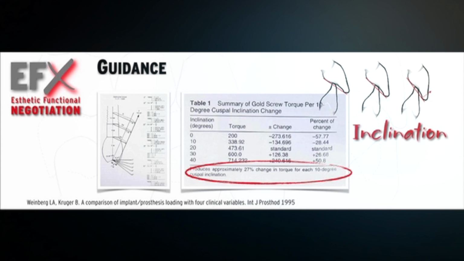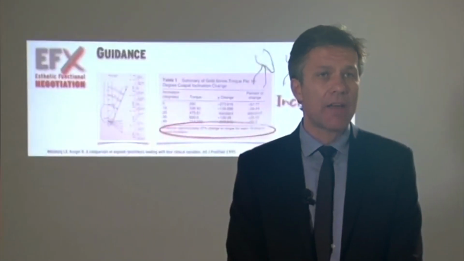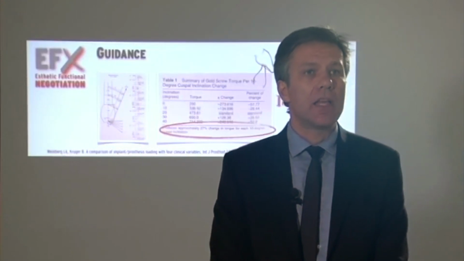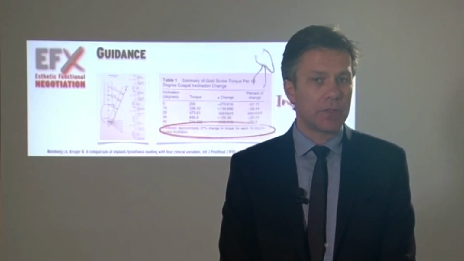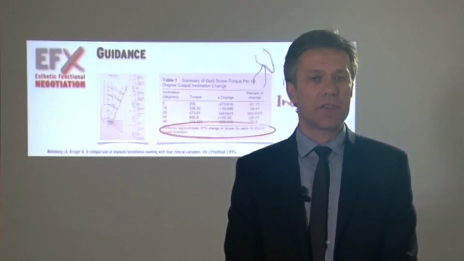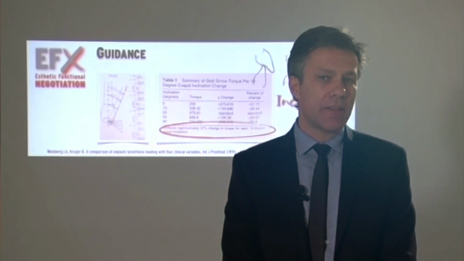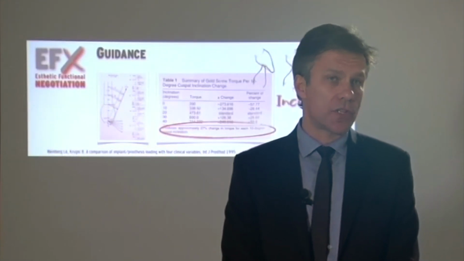For example, in this article, he showed that for every 10 degrees, you have a 27% torque increase in the abutment. So by the same derivation for the inclination of the incisal guidance, if we steepen the guidance, we can have more torsional force on the ceramics.